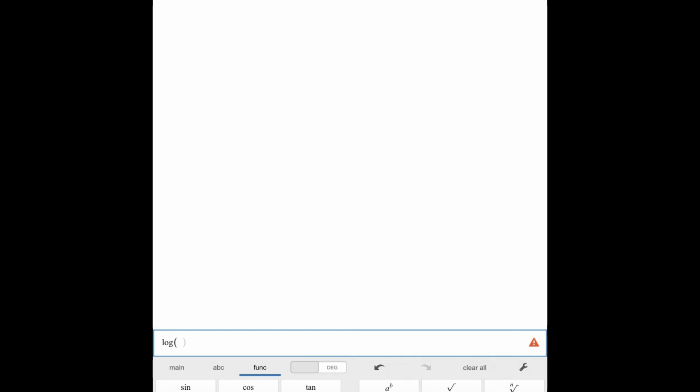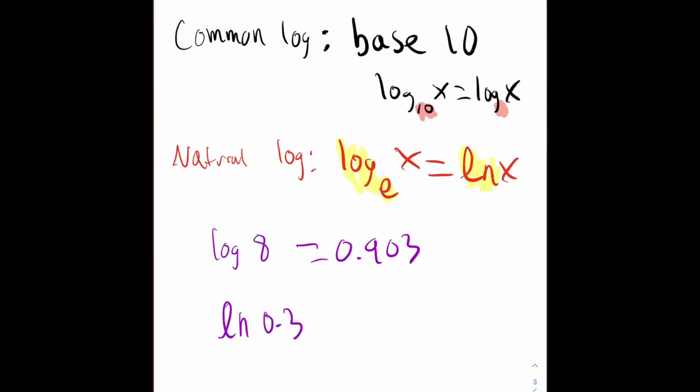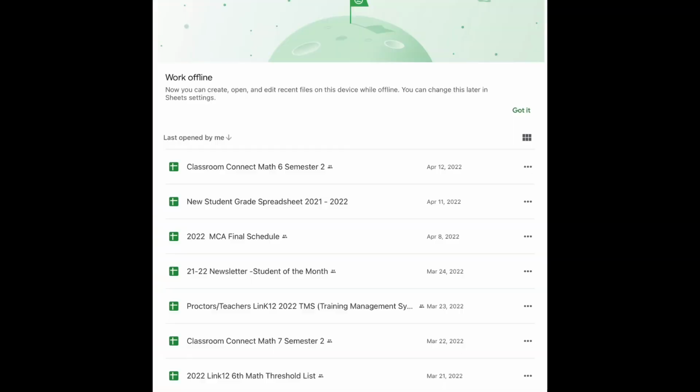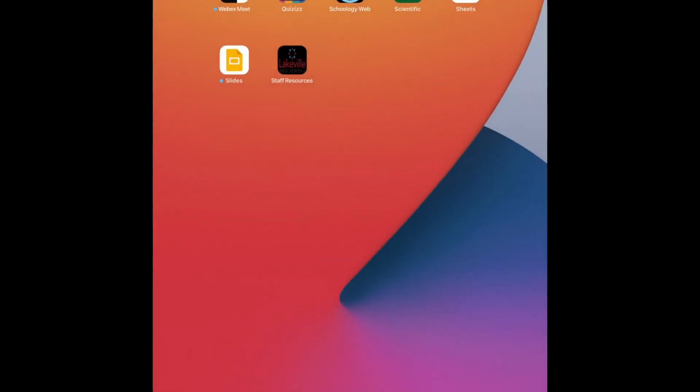Again, we said it was just a normal base 10, so we can just type in our 8 and get an answer of 0.90308, so let's say 0.903. And then natural logs. I saw that there was a natural log button as well. 0.3. Negative 1.204.